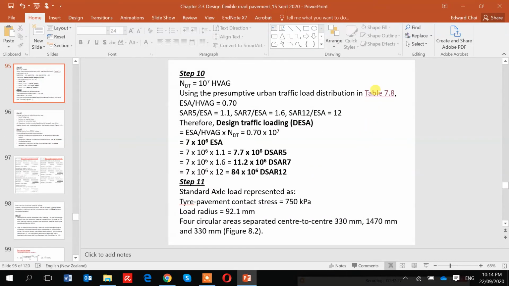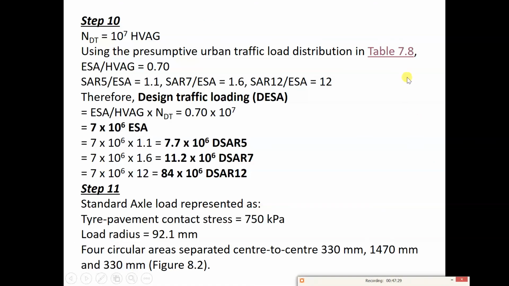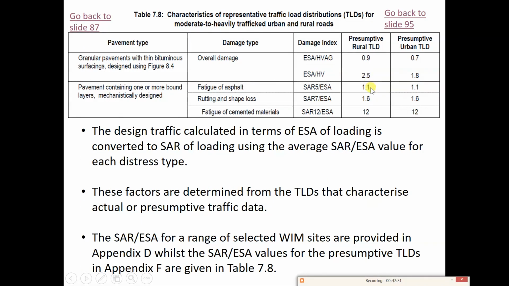So it's supposed to be 1.1, 1.6, 1.2. For the asphalt 1.1 is correct, and for the cemented material 12 is correct, but the rutting and shape loss is supposed to be 1.6. In the CIRCLY software I put 1.2 instead of 1.6, so that was a mistake.